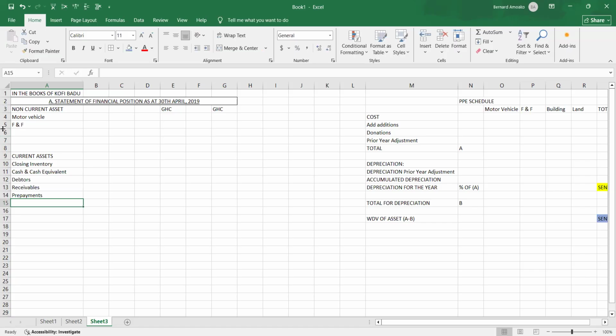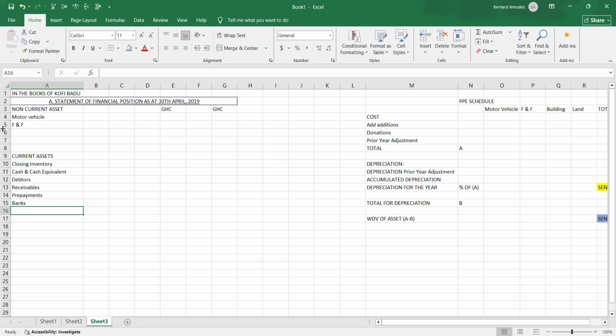And then what again can you see? Okay, so we have the banks. Now be mindful. If you look at the trial balance and the bank is on the debit side, what is it communicating? It means that it is an asset. But if it is on the credit side, it means it is an what?